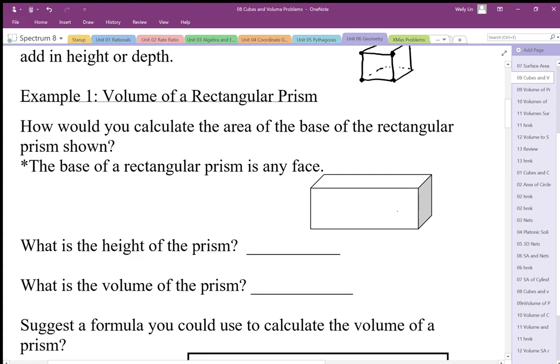We can slice it this way as well. Some people like to think of it that way, but I think of it more like a loaf of bread. So when we take a look at this shaded area, we can take the area of this space here. So this is the area of the face.